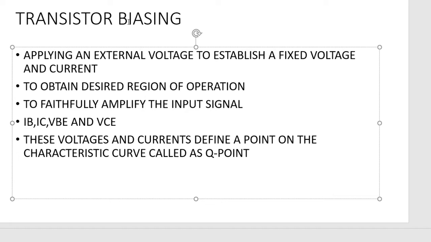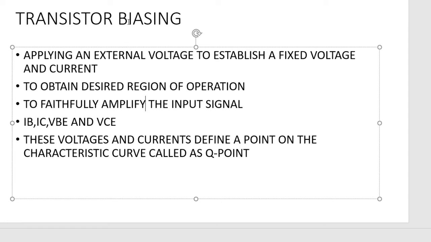In transistor applications, sometimes the transistor has to be operated in the active region, and in some applications the transistor may be operating in saturation or cutoff regions. So in order to bias the transistor in the required region of operation, we have to apply an external voltage.